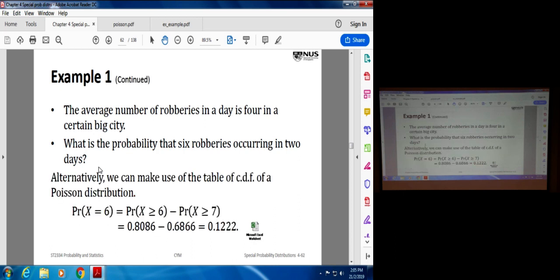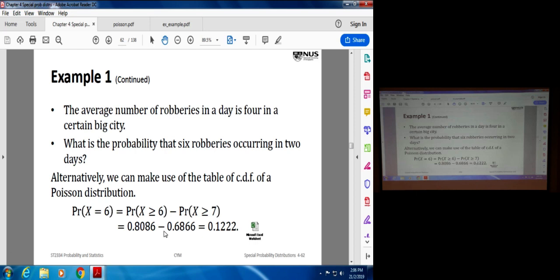Another way to do it is to use the table of the CDF of the Poisson distribution. The table gives you the parameter lambda, and then for any point x, it gives you the probability that X is less than or equal to x. I don't seem to have this table. I wasn't given them. But basically, in this table, you would have the probability X is less than or equal to 6, and if you take away the probability X is bigger than or equal to 7, that gives you the probability X is equal to 6.